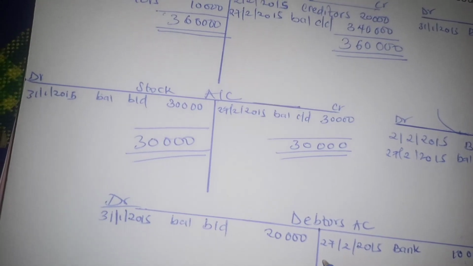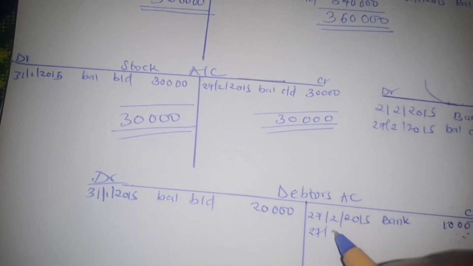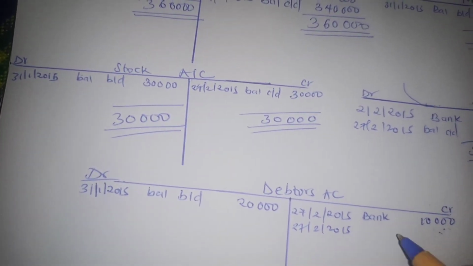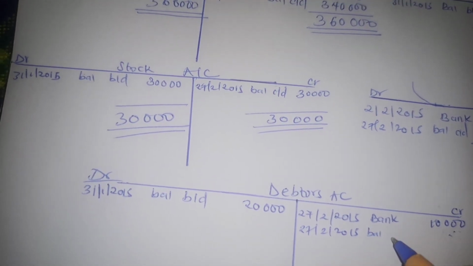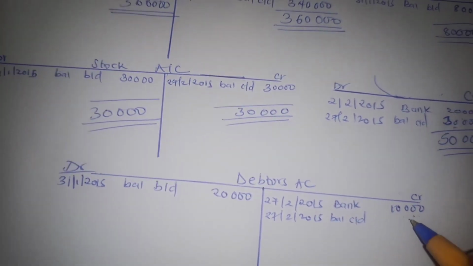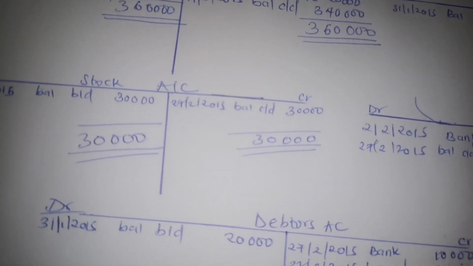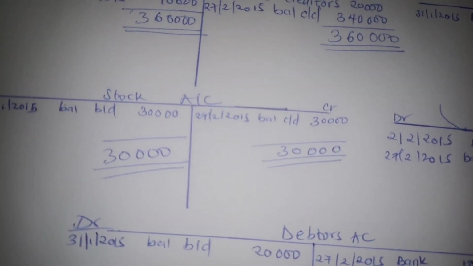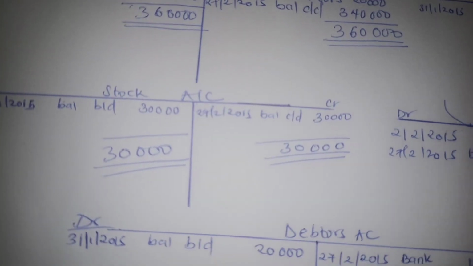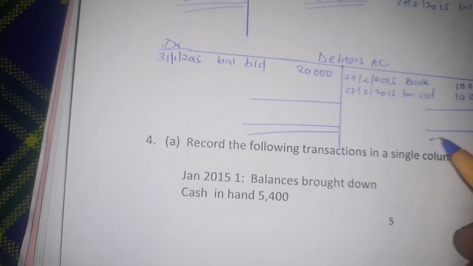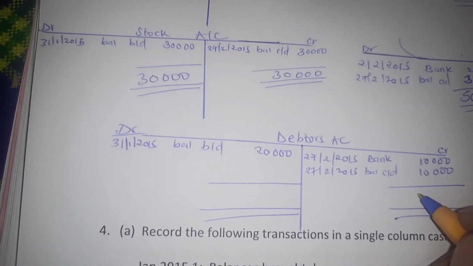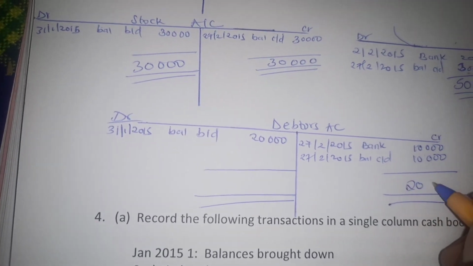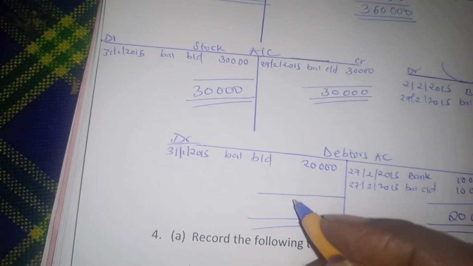In this case, on 27th of February 2015, our balance to be carried down will be 10,000. So this is 10 plus 10, 20.